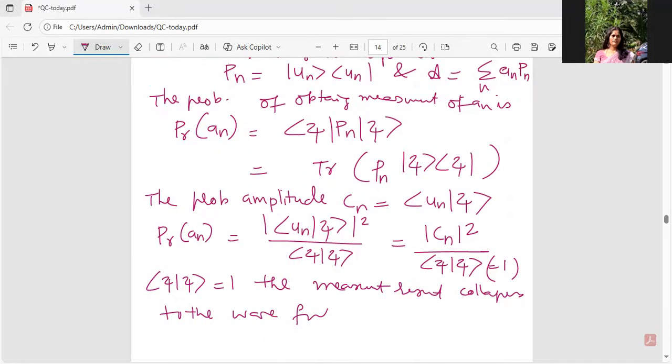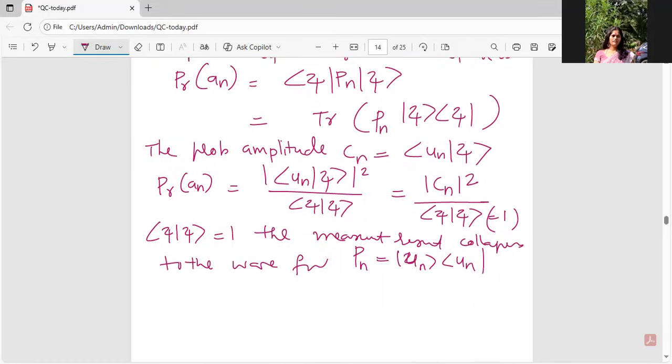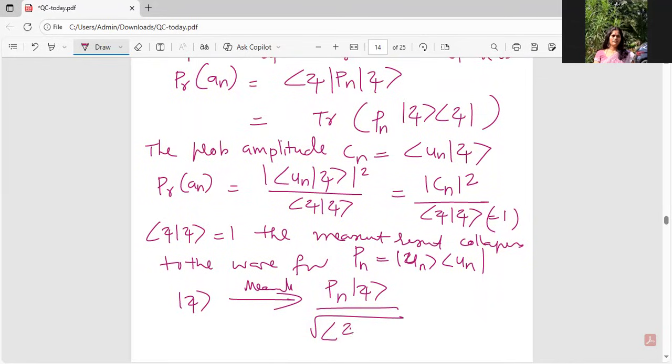Okay. Yeah. Now you see Pn, this projection operator, you can see the outer product of Un. Okay. Now after measurement, how does ket xi look? After measurement, how ket xi looks is Pn ket xi by under root of expectation.